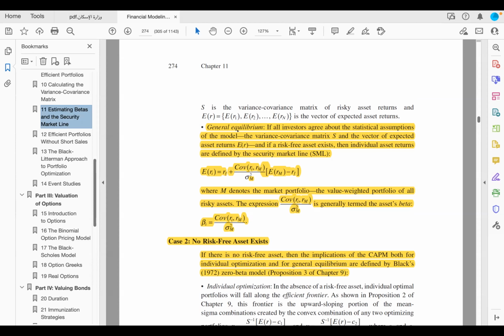And one of the most important assumptions for market efficiency is access to information with no cost. There's no private information. All information is accessible to everyone with no cost. All right. So since we are all rational, we are supposed to undertake the same decision and make the same expectations. That's why ERI, the individual stock, is equal at least to the risk-free asset plus ERM.